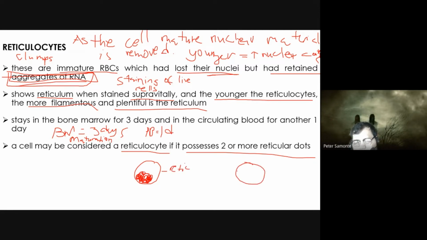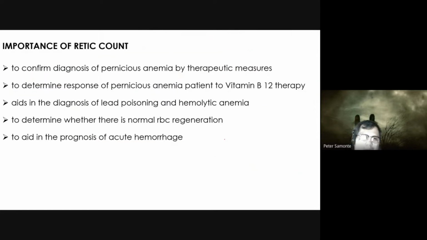Pero kapag ang cell nyo meron lang ganyan, these are your reticular dots. You would still consider this as a reticulocyte. Okay? So do remember that, class. It is not required to have an aggregate of RNA. What is required is that even if it possesses only 2 or more reticular dots, it would still be considered a reticulocyte.